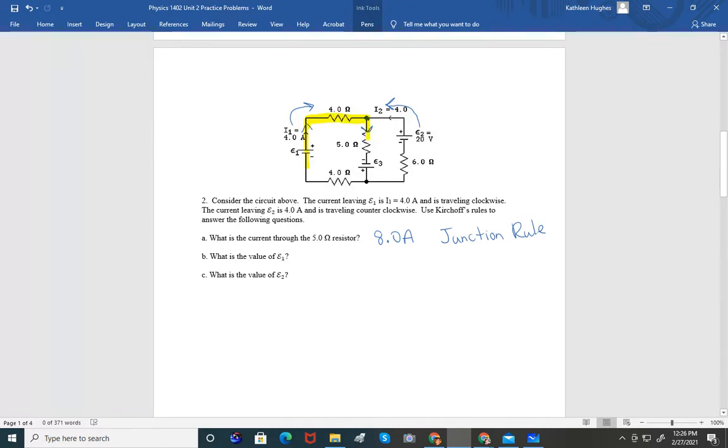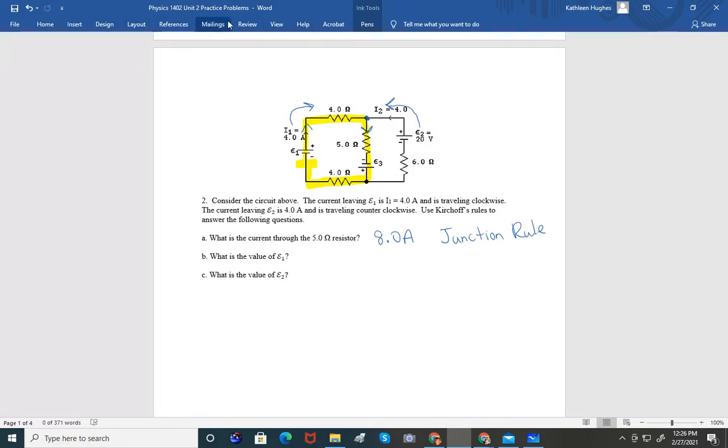See how that circle goes clockwise all the way around like this.